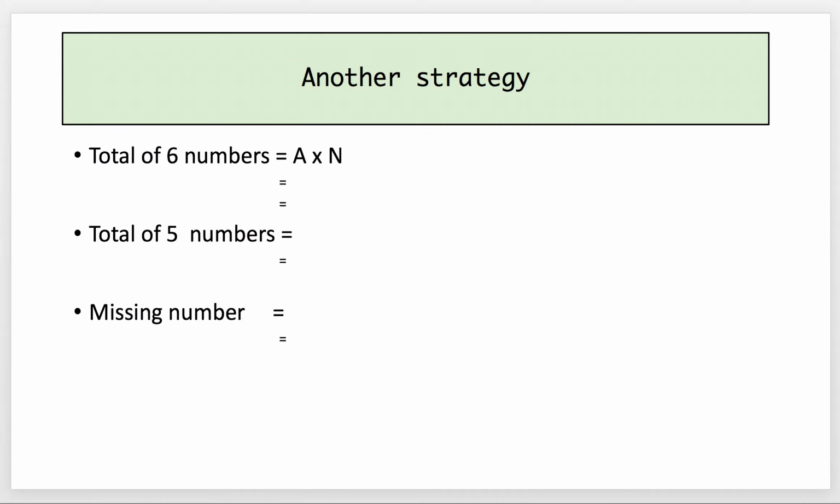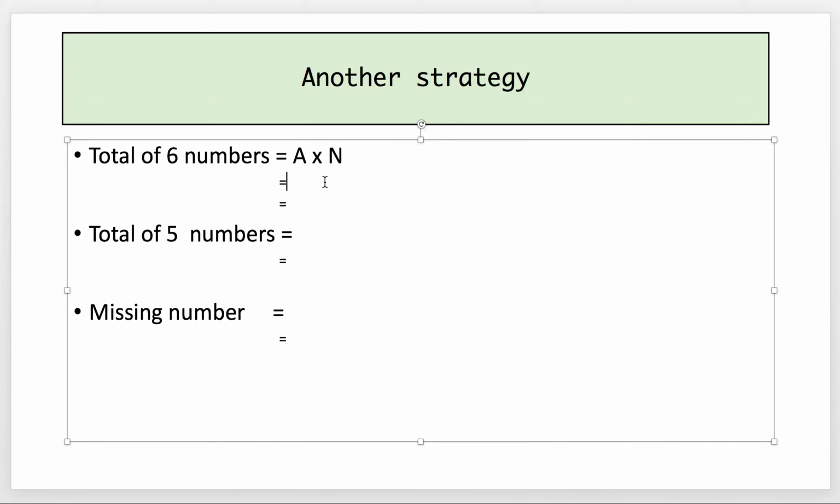Another way that we can look at it is: the total of 6 numbers equals average times n. So, we had 23 times 6, which will give us an answer of 138.